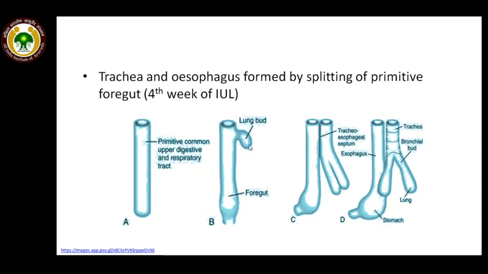So there is formation of the lung bud, then formation of the trachea, and there is a septum in between, which is known as the tracheoesophageal septum, and further it completely splits and the esophagus and the trachea are formed. So if there is an abnormality during this process of splitting, it leads to the development of tracheoesophageal fistula.